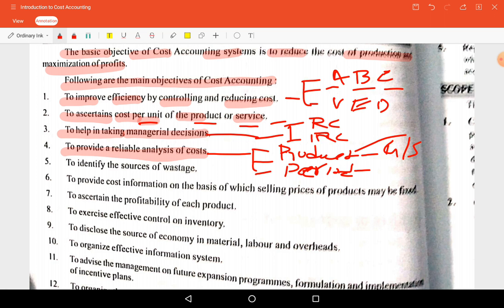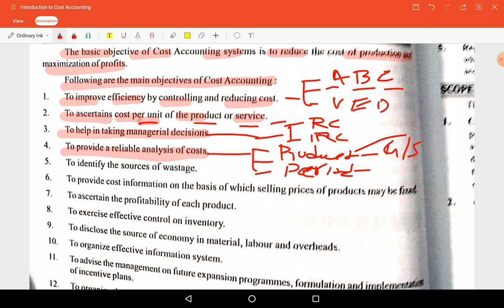And we have discussed earlier also variable, fixed cost and semi-variable cost. So they have their own importance. Some are relevant, some are irrelevant for decision making. So it provides reliable analysis of the cost. Department-wise costing can be done.